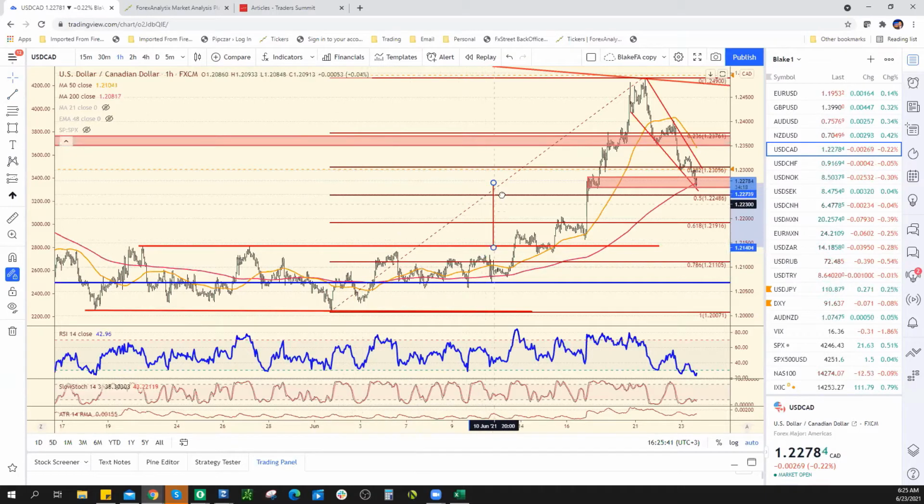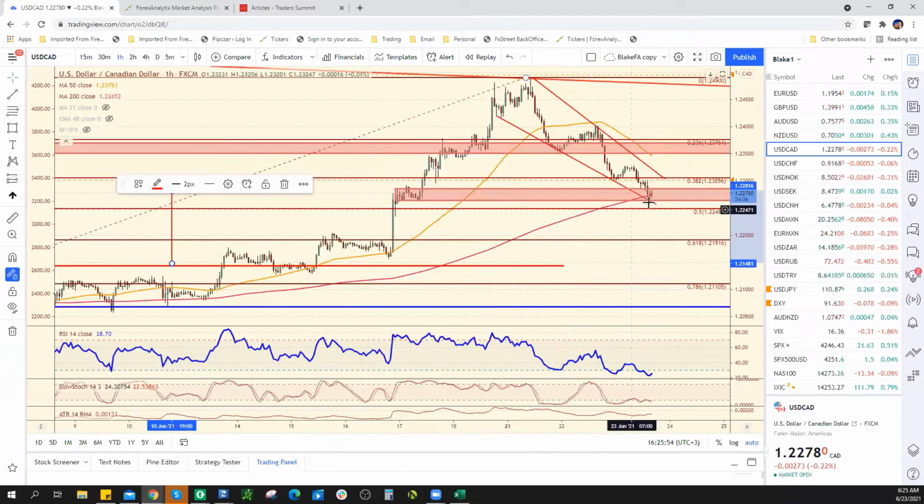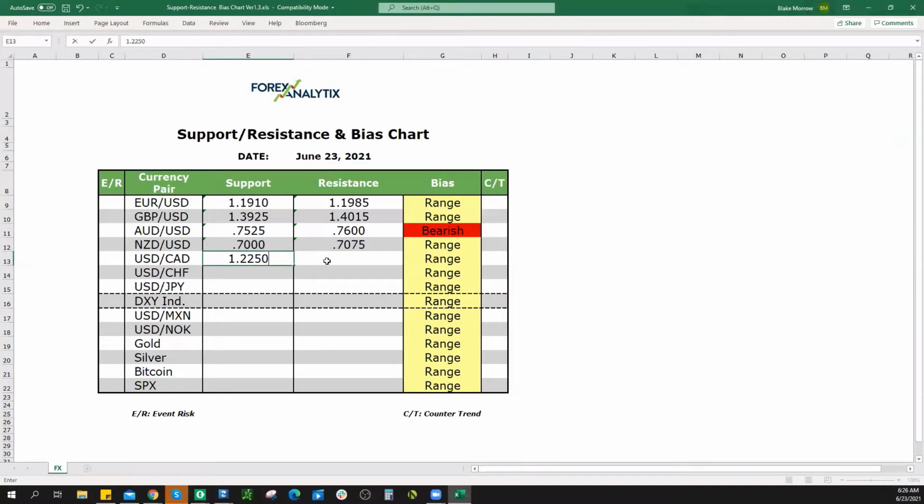Double bottom, extension, target. Target was met. So we should have a lot of support around here, I would think. Resistance, we have to get above this resistance, but more importantly above that one, and that comes in at 123.30.